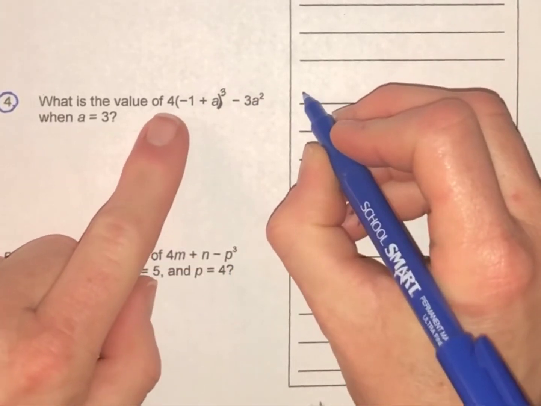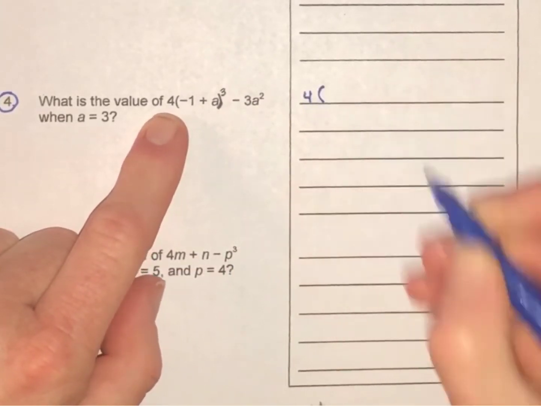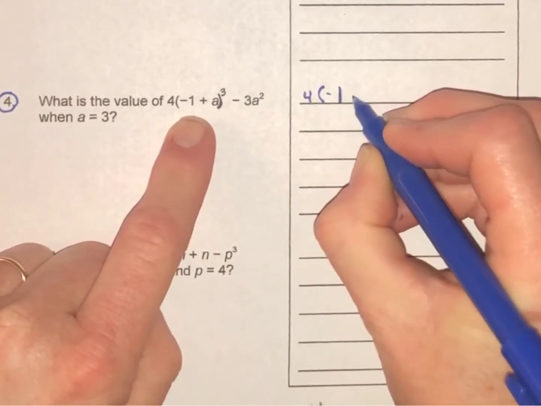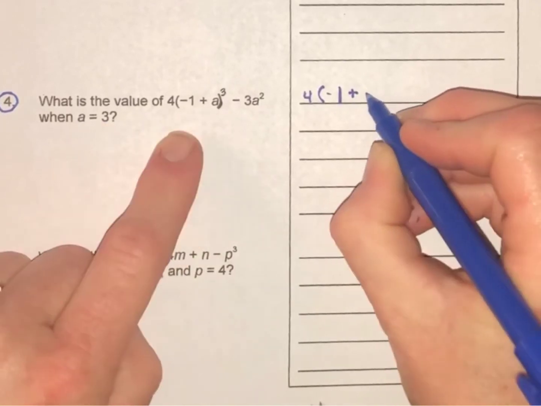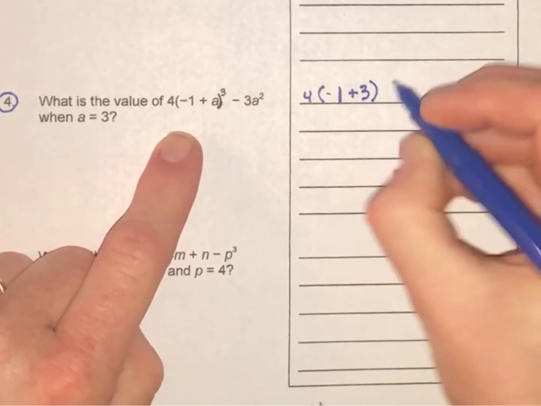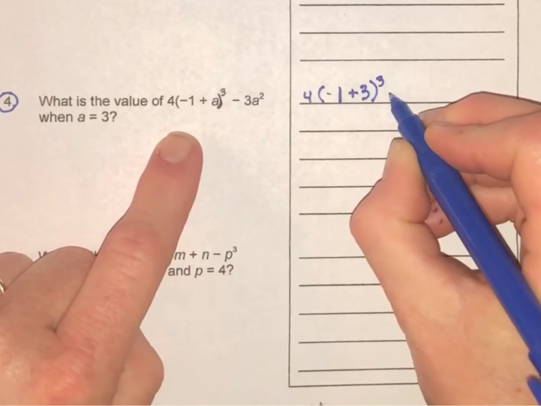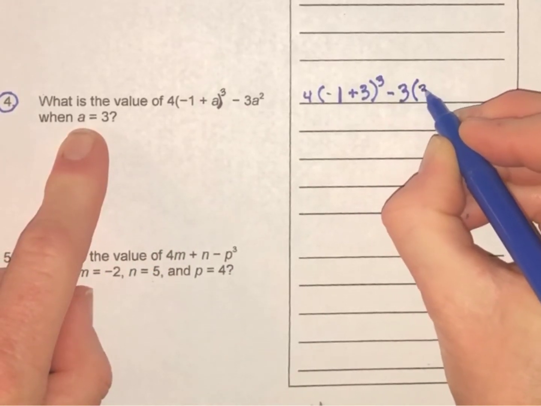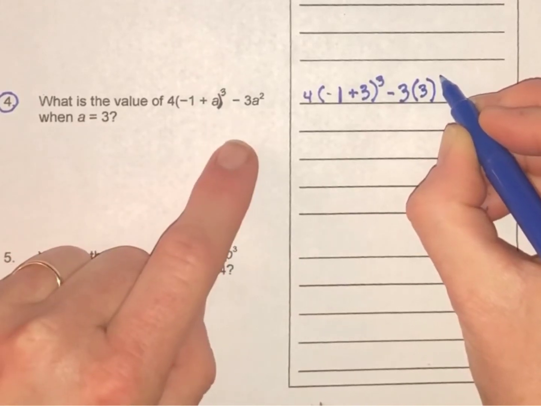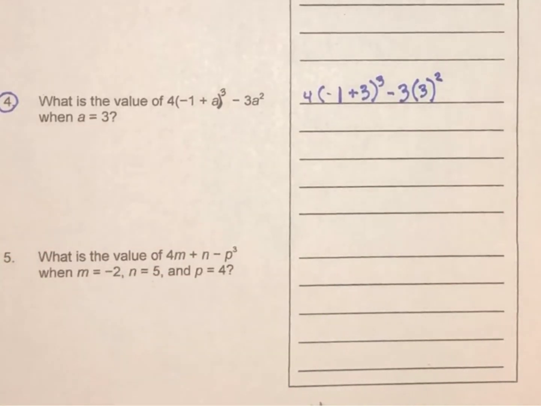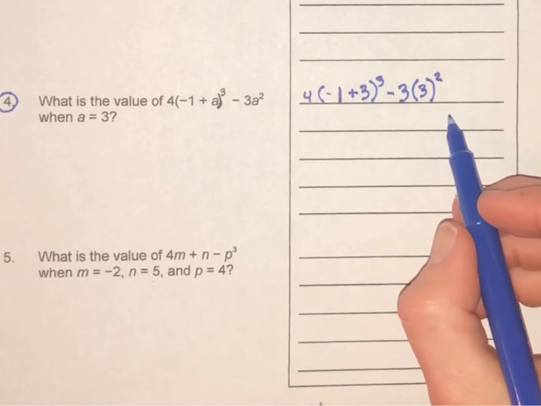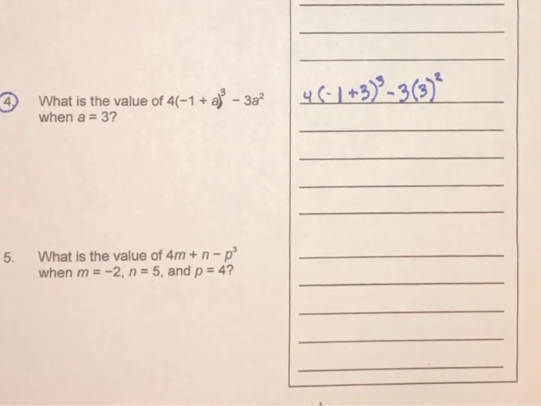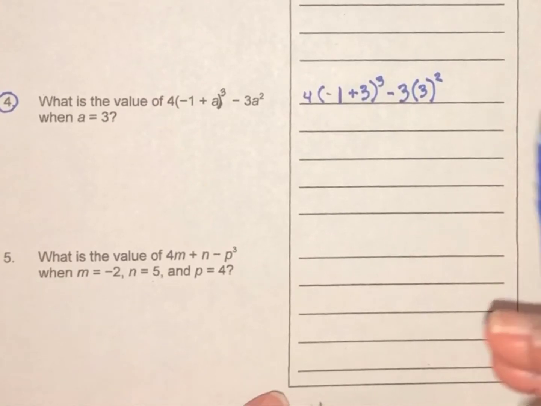So we've got 4 times (-1 plus 3) cubed minus 3, I'm going to put it in parentheses, squared. Okay. So let's go through and we'll do, according to order of operations, parentheses first.